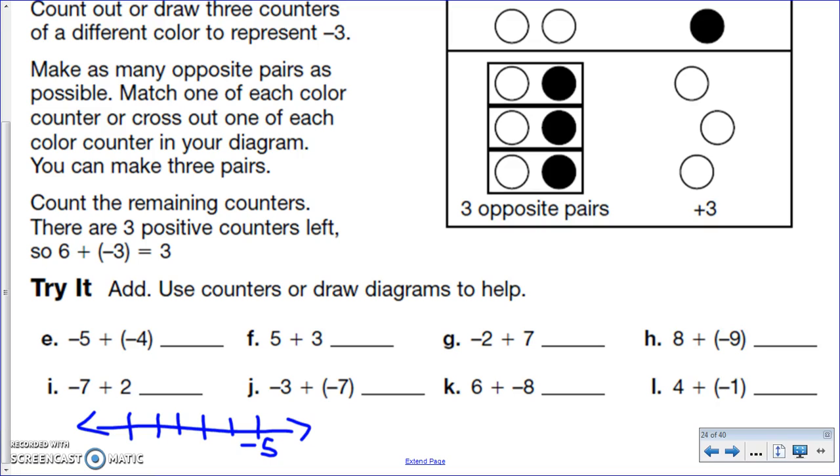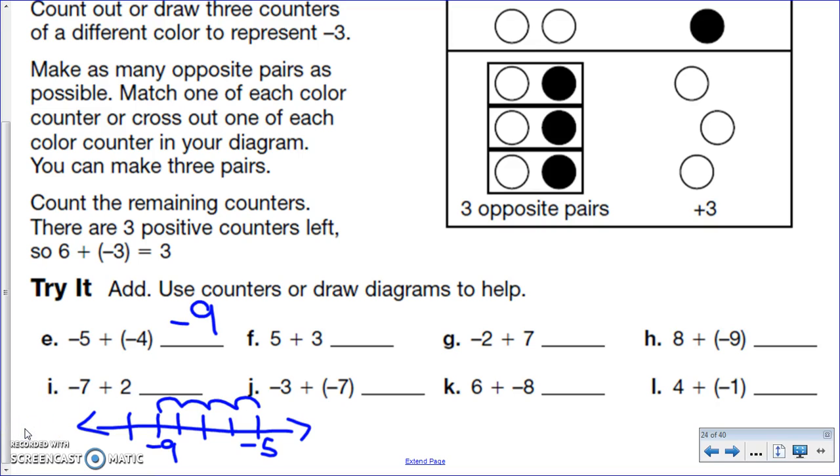So we start at -5, and we're going to add -4. So we're going 4 more places to the left. So our answer in this case is -9. So you can use a number line like that, or you can draw the circles like we saw above.